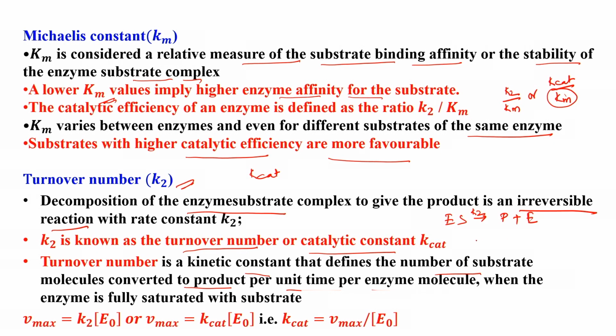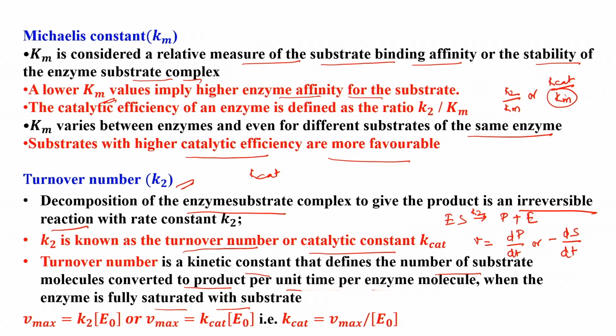If you remember how we write the rate, it is dP upon dt or minus dS upon dt. So, the turnover number is directly linked with the rate. It is the number of substrate molecules converted to product per unit time per enzyme molecule when the enzyme is fully saturated with substrate.